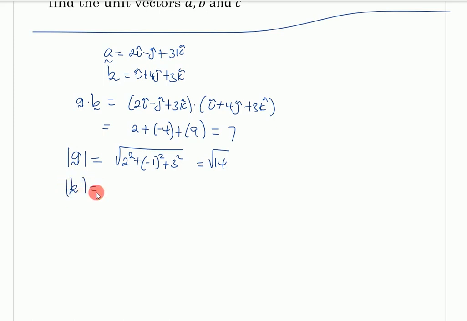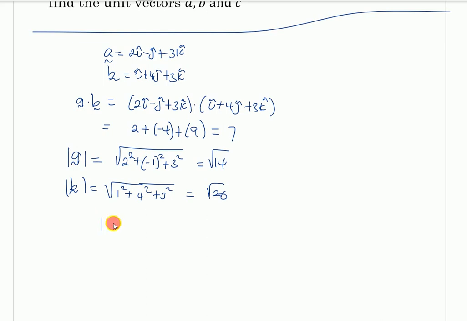Then the magnitude of b, I get the square root of 1 squared plus 4 squared plus 3 squared, and that one is 26, under root.